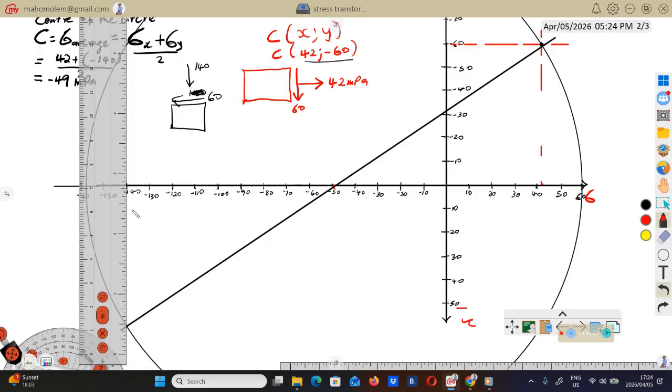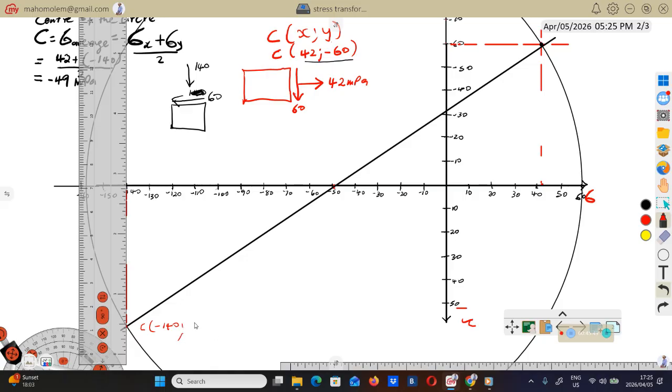So that's why this point here has to be the coordinate on the y face. On the y face, this coordinate is compression, negative 140. That's why from here to there, it's negative 140.